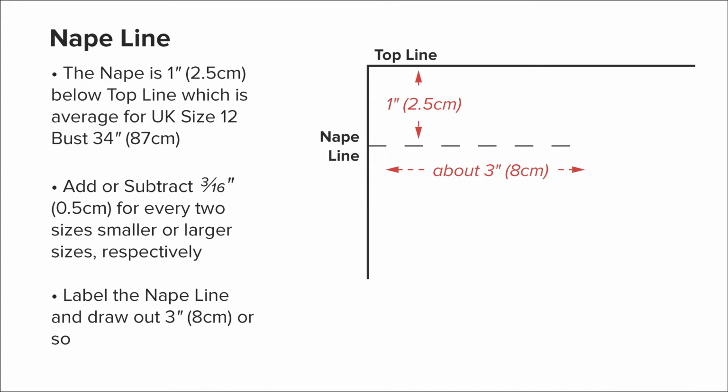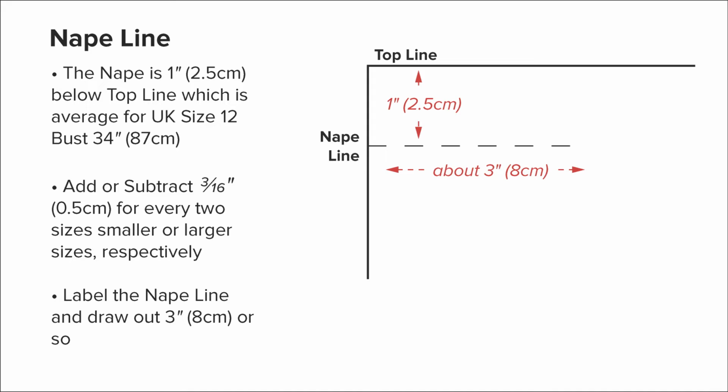The nape line. For a 34-inch, 87 centimeter bust, the nape line is 1 inch, 2.5 centimeters down from the top line. This is average for UK size 12.